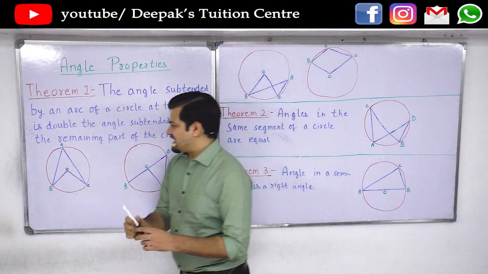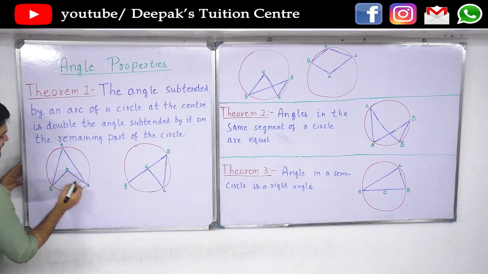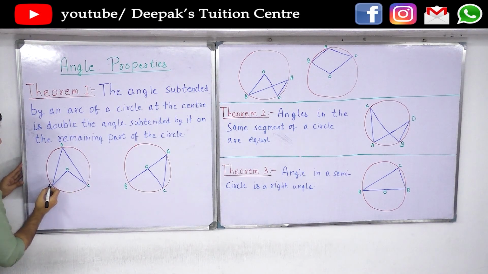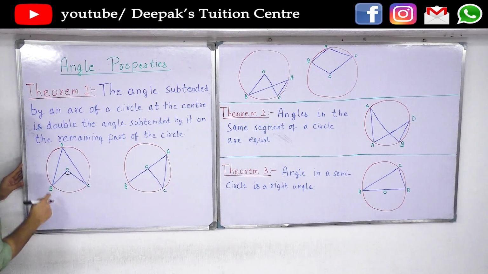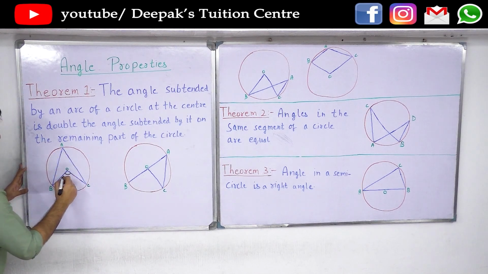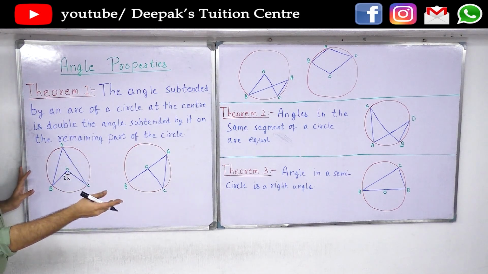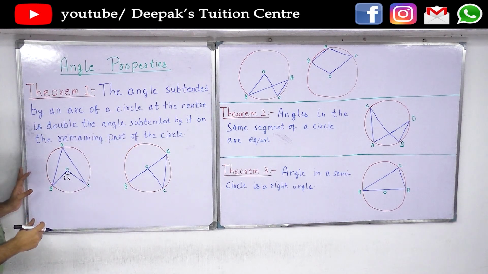Here, the theorem states the angle subtended by an arc of the circle. So if the arc is arc BC, then we can say that the angle subtended by it at the center, angle BOC, is double, so it is twice of x, double the angle subtended by it on the remaining part of the circle.